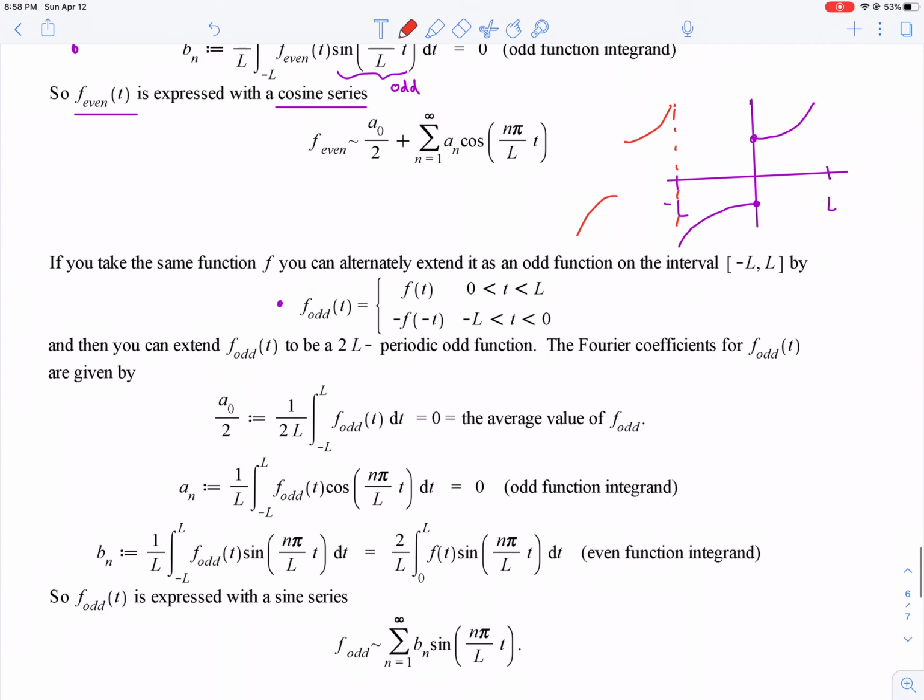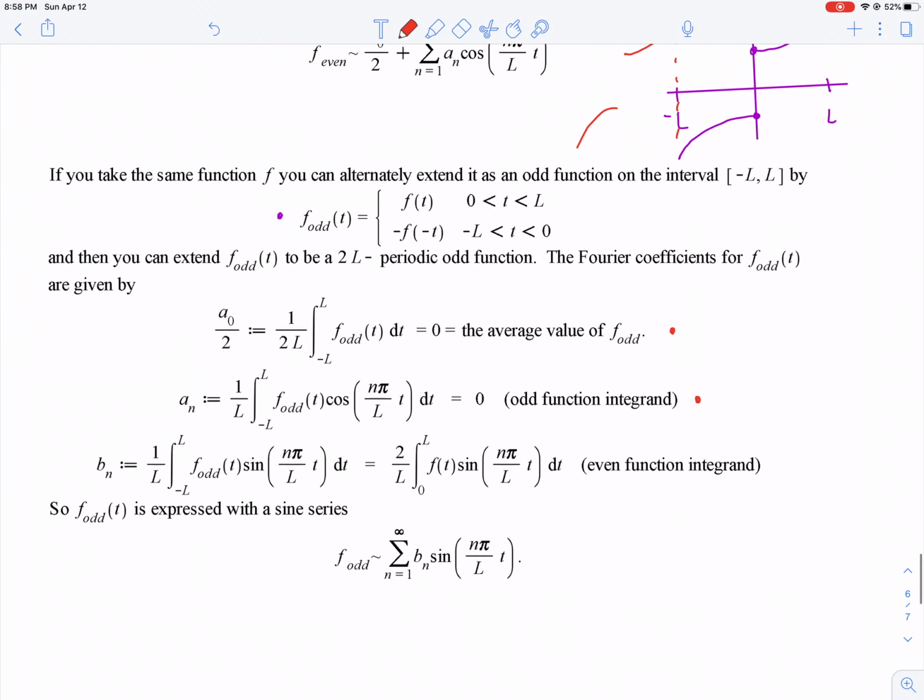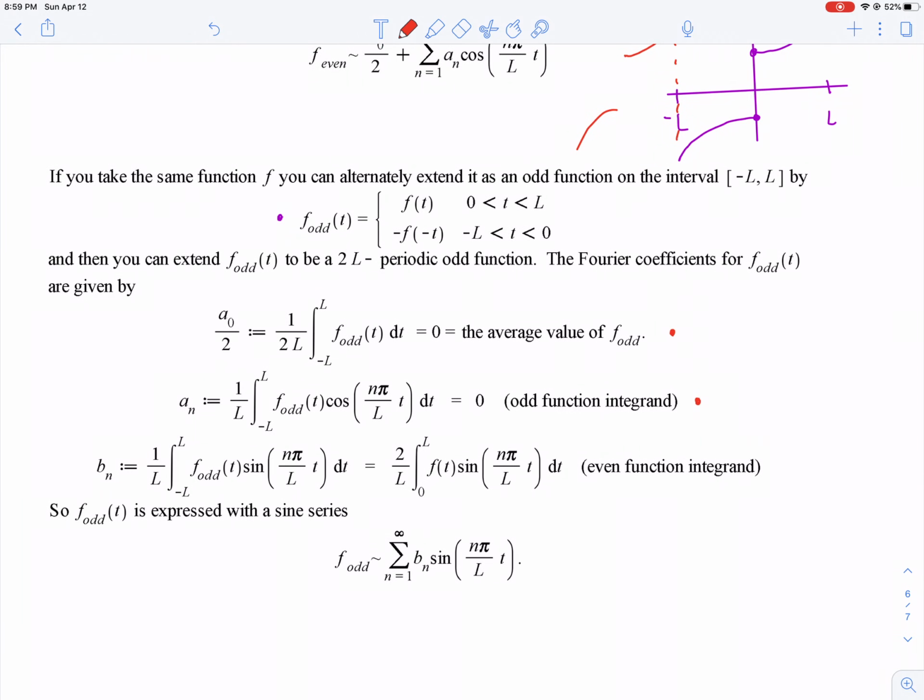Okay, and if you did that, then because it's an odd function, your constant term, the average value, would be 0. Your cosine terms would be 0 because you're integrating the product of an odd times an even, which is an odd function.